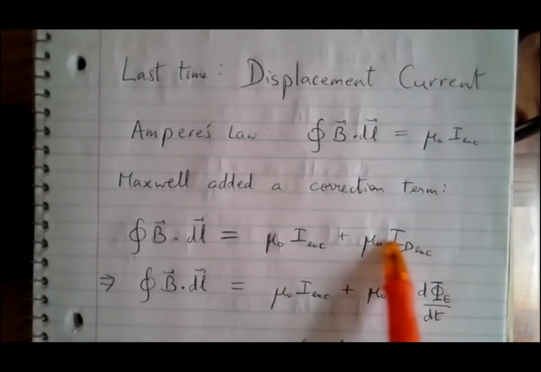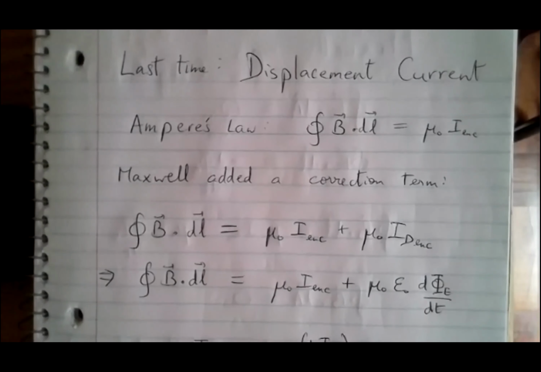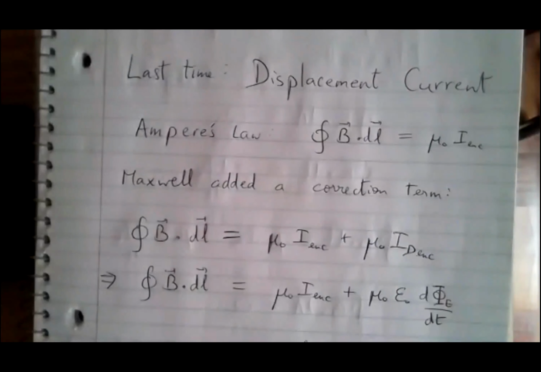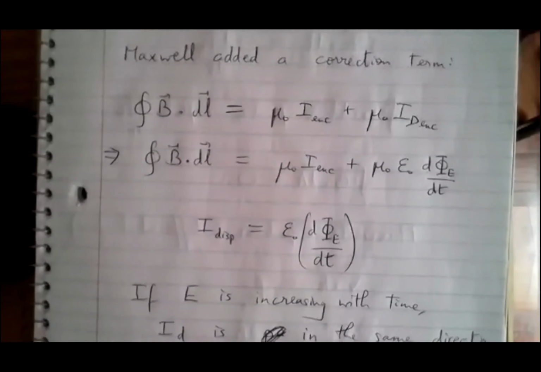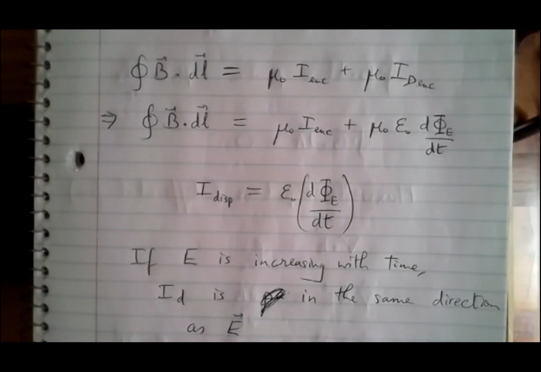And that displacement current was related to the electric field, specifically the rate of change of electric flux times epsilon naught. As far as direction, if your electric field was increasing with time, then the displacement current had the same direction as the E field.